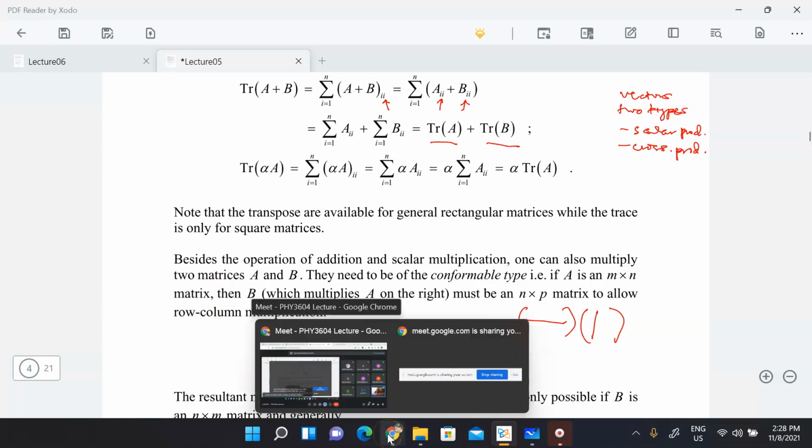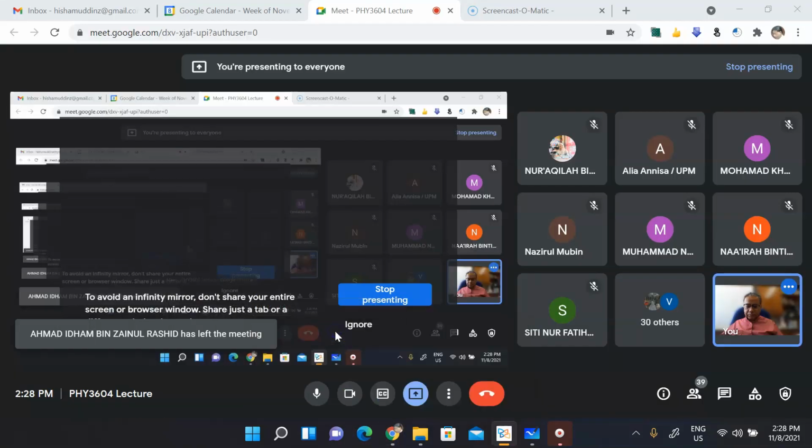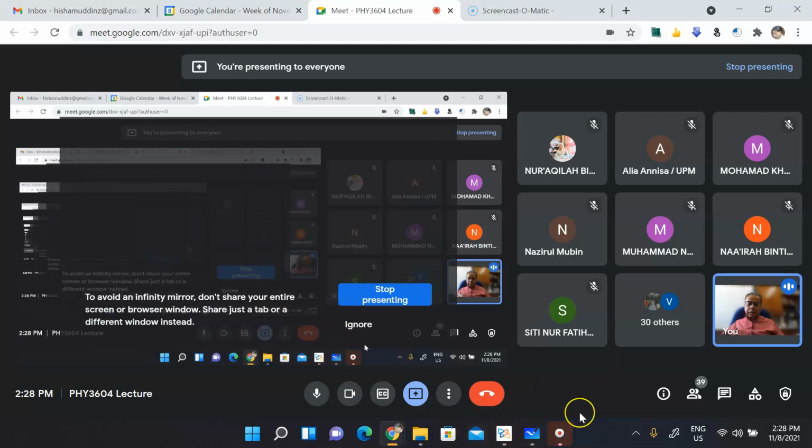I want you to think a little bit. Is there a particular reason why you want to do that? Do you understand matrix product? Why does it happen to be that way? Nobody? Any guess?